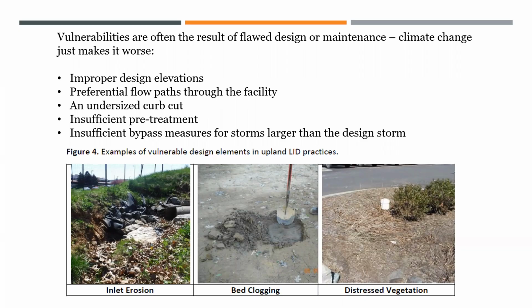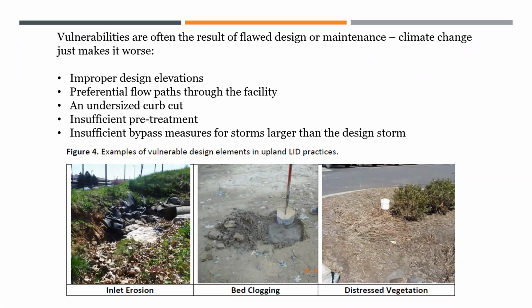These intense storm events also tend to create preferential flow paths through the facility, creating erosion. This can be caused by undersized curb cuts as well. Again, as those conditions change and we get more intense events, we might need to be thinking about how we're sizing those curb cuts, how we're locating them, and what the drops in elevations and slopes are from those curbs into our bioretention facilities.